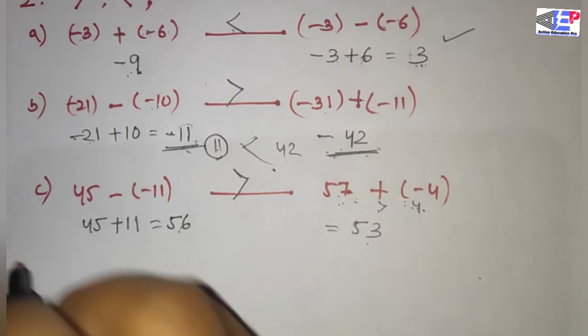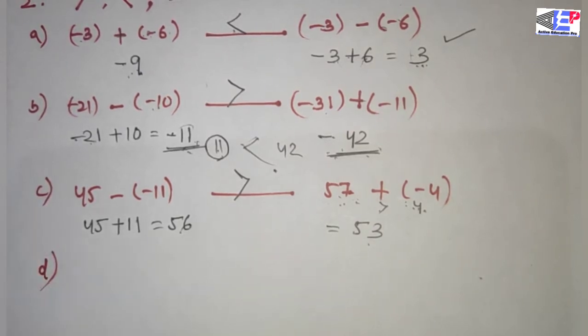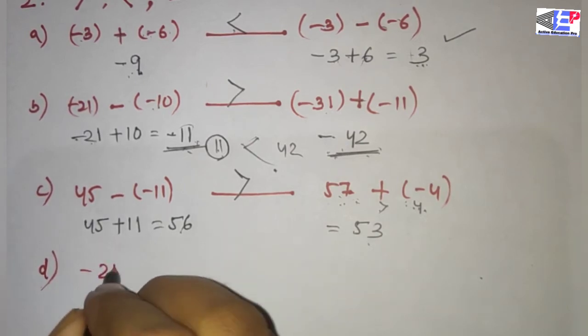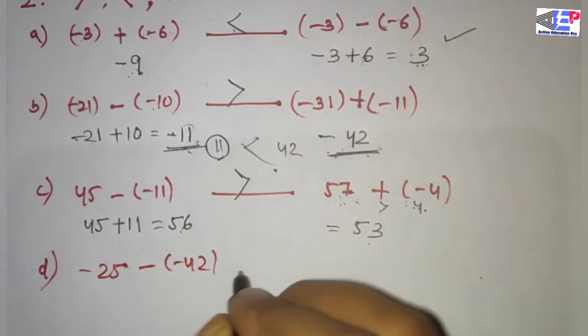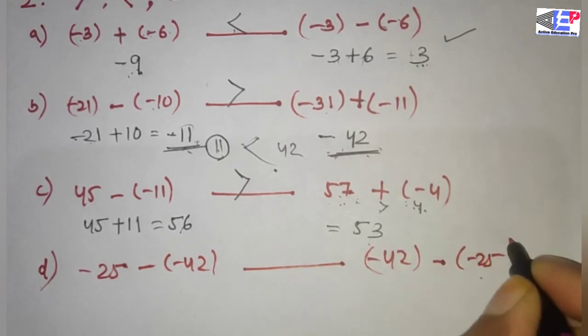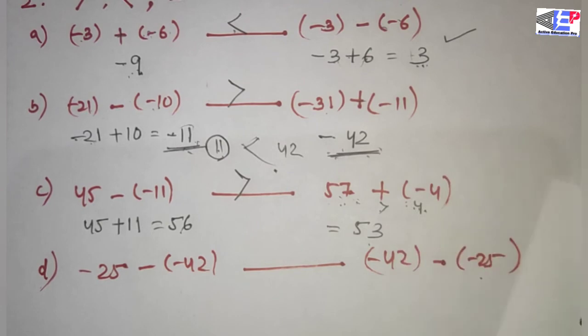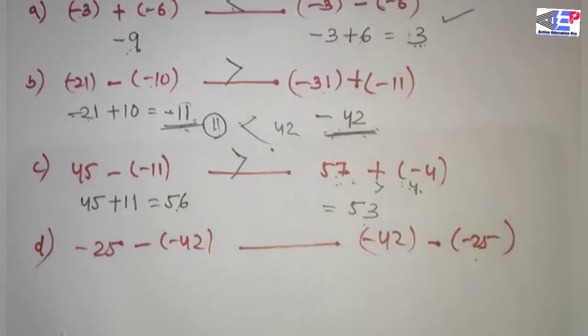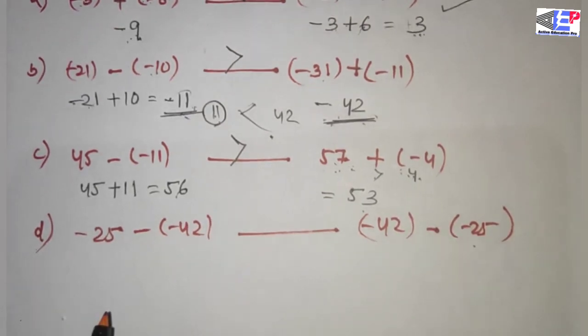Then the last one of question number 2 from exercise 6.3: minus 25 minus minus 42, and minus 42 minus minus 25. Look here, the same integers are present on both sides. On both sides this is minus 25 and minus 42, but here the commutative law is applied.